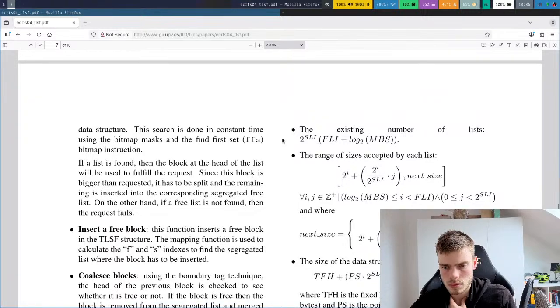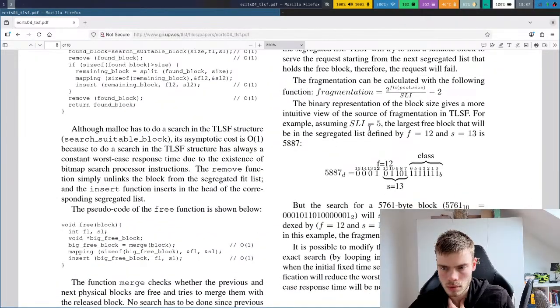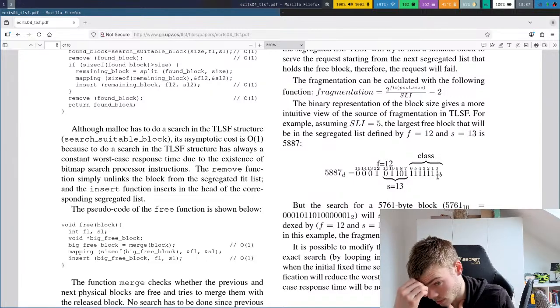So the largest free block equal to this. So they set all... S is 14.